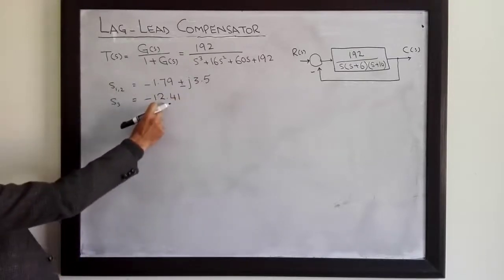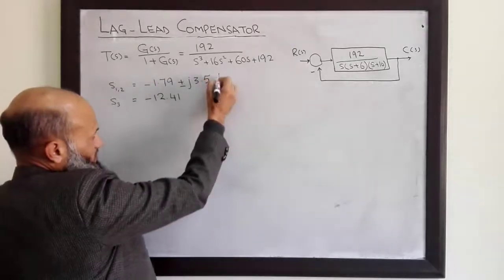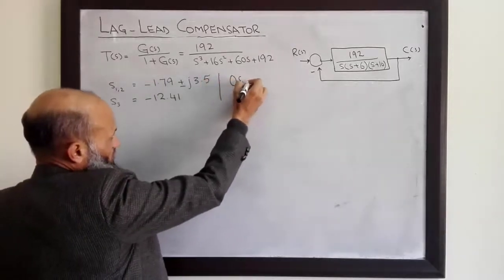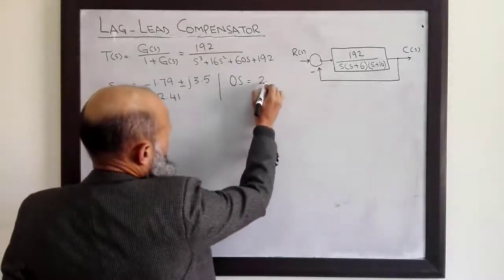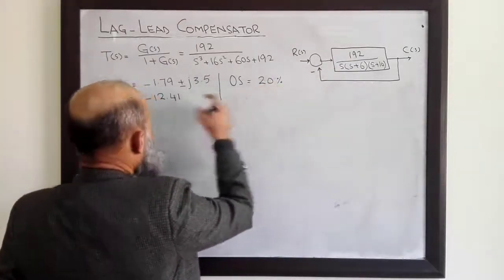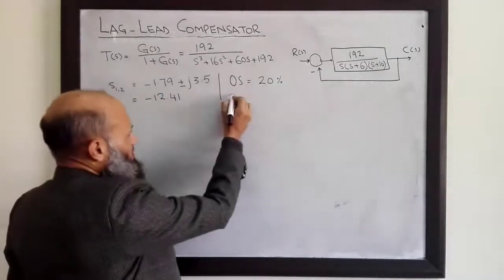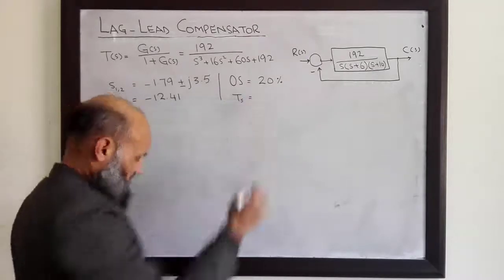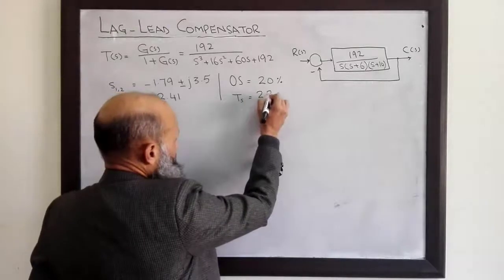This third pole is less dominant, so this system gives us an overshoot of 20%. It can be computed by computing zeta and omega n, and then overshoot can be computed. This also gives the settling time of 2.23 seconds.